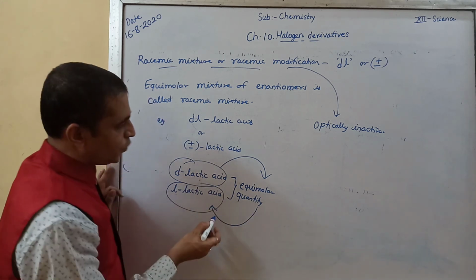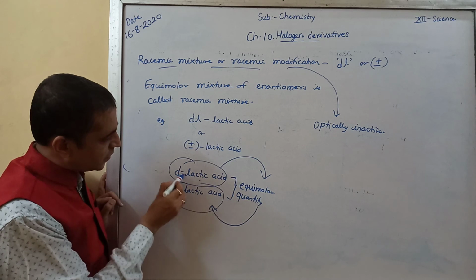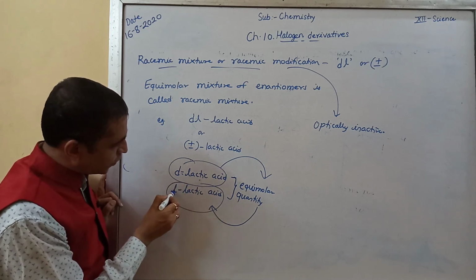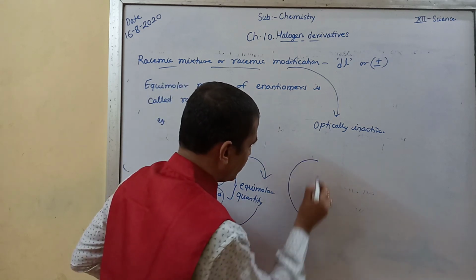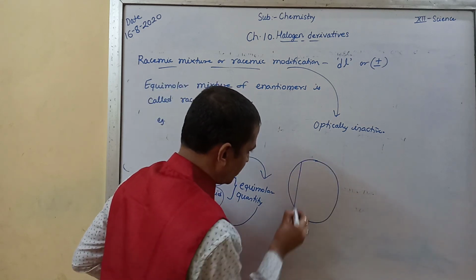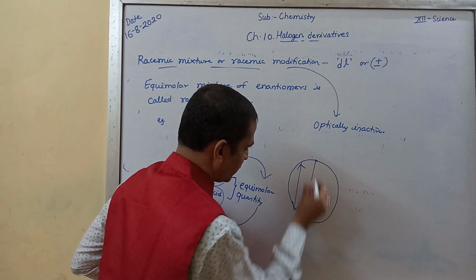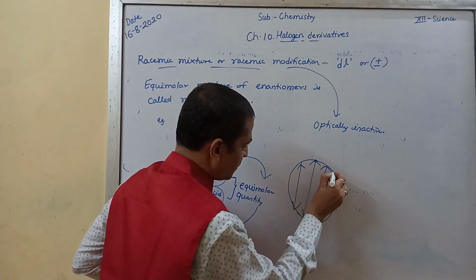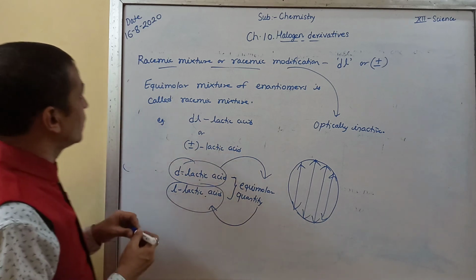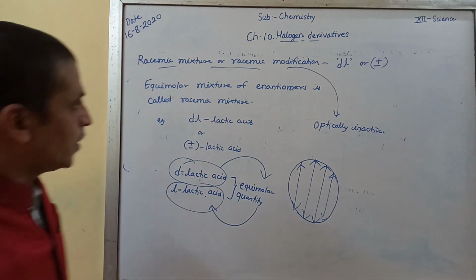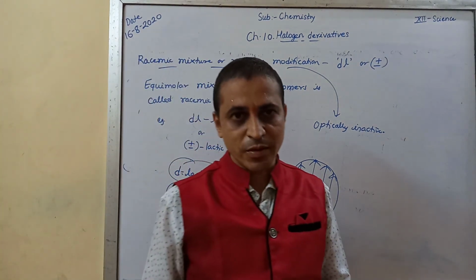Anti-clockwise. So the rotation caused by D lactic acid is cancelled by the rotation caused by L lactic acid, and therefore there is no change in the plane of plane polarized light. So they are optically inactive. I hope you understood this concept.